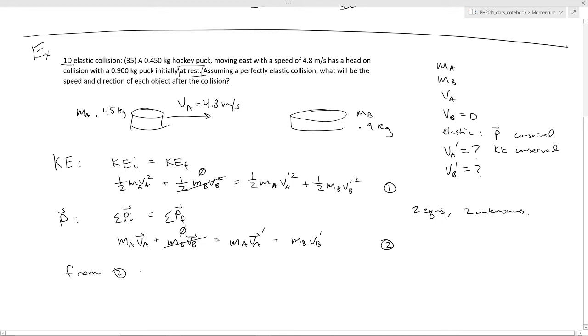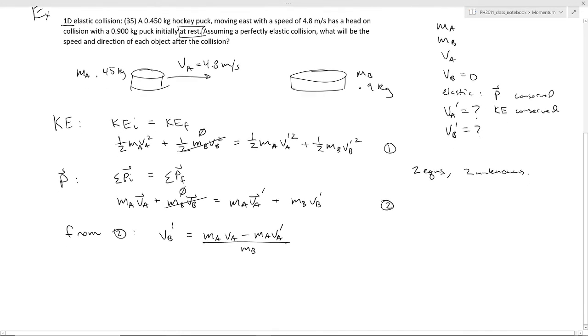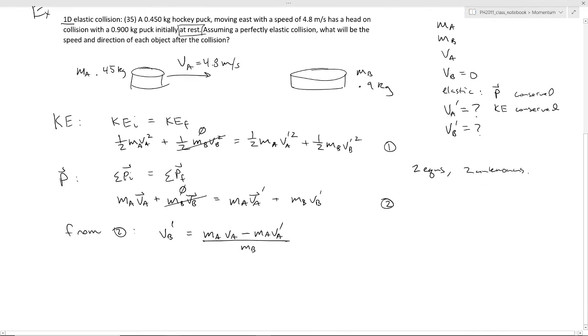So from our second equation, notice we can solve for VB prime. We would see that it would be MA VA minus MA VA prime, divided by MB. Okay, so we have an expression for VB prime.